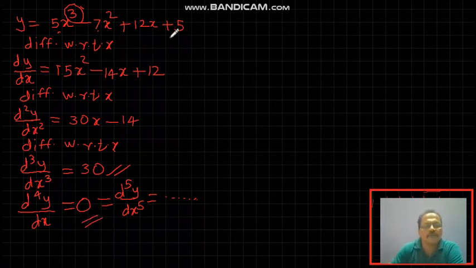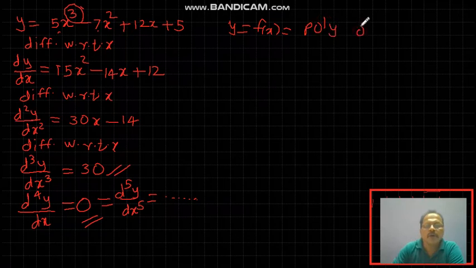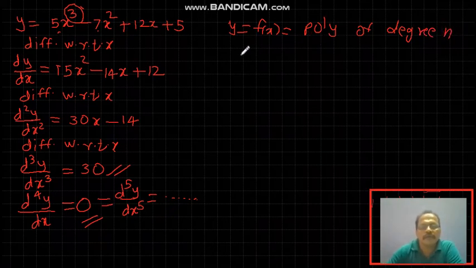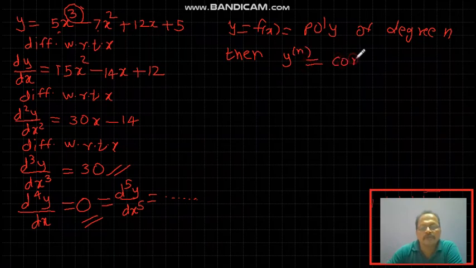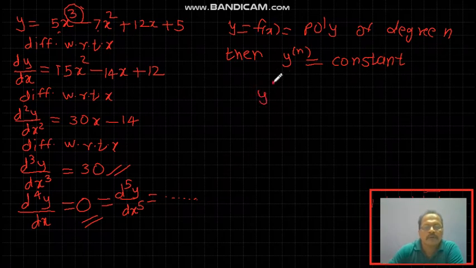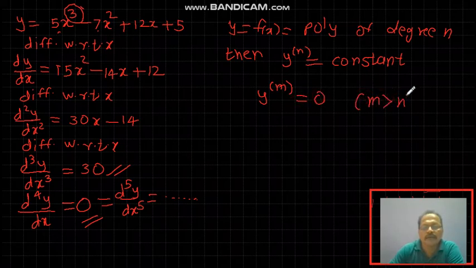The generalization is if y equal to f of x is a polynomial of degree n, then its nth derivative is constant and all the derivatives greater than n are 0.